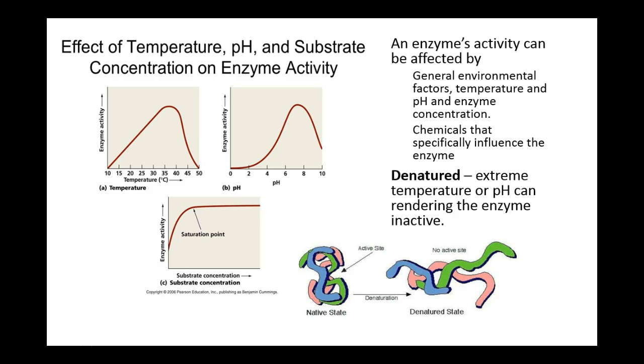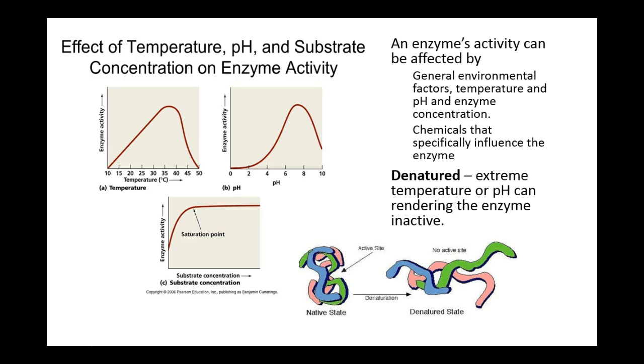You can see in this image, with regard to the graph on the upper left, at about 35, 37 degrees, this particular enzyme reaches its peak activity. Until that temperature, it's not at peak, and after that temperature, it's not at peak. And actually, the curve is quite steep. It reaches more and more peak level till it gets to the temperature, and then it drops off pretty fast. The same is true with pH.